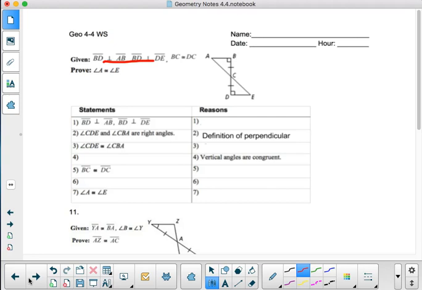By definition of perpendicular lines, right angles are created. So the first thing we're going to do is talk about our given. Angle CDE and angle CBA are right angles by definition of perpendicular. Then those two right angles are congruent in step 3, because all right angles are congruent.